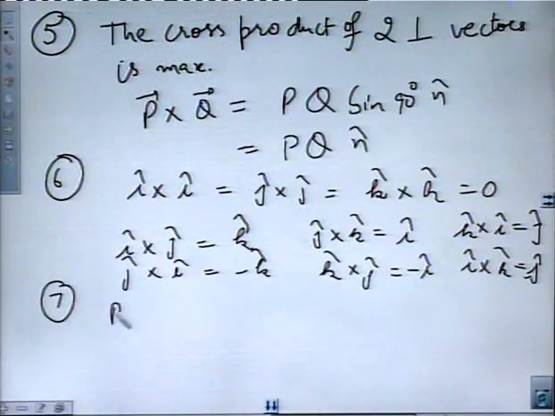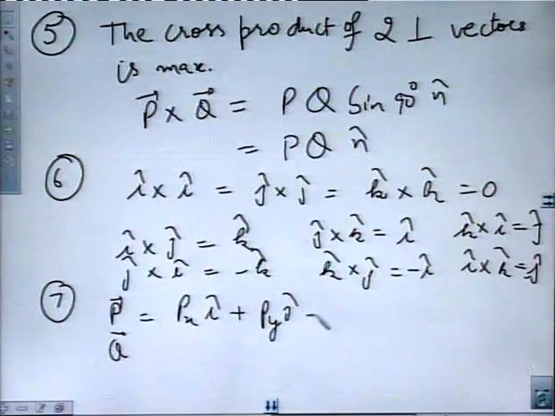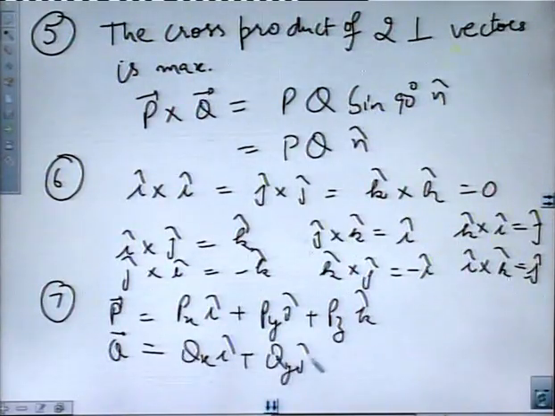Next, if we have two vectors p and q, p vector is equal to px i plus py j cap plus pz k cap and q vector is equal to qx i plus qy j plus qz k cap.